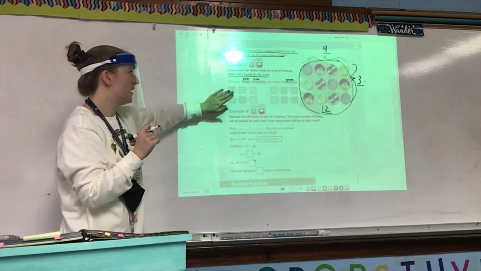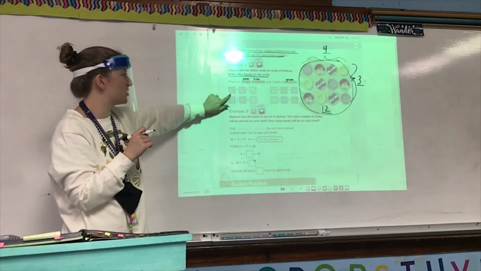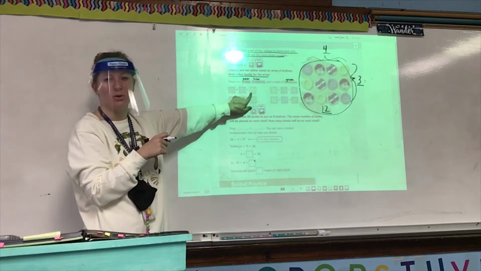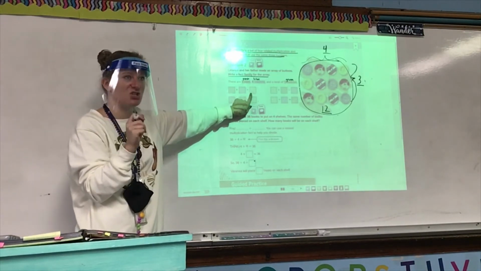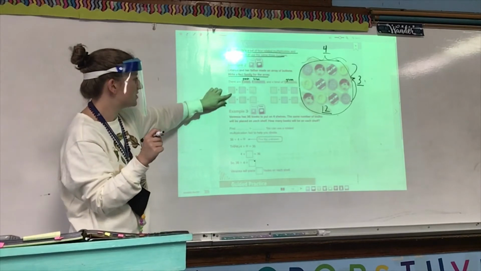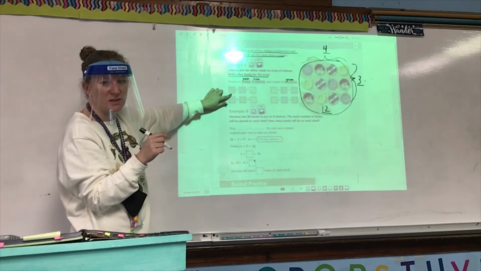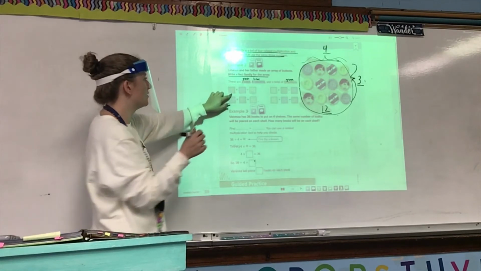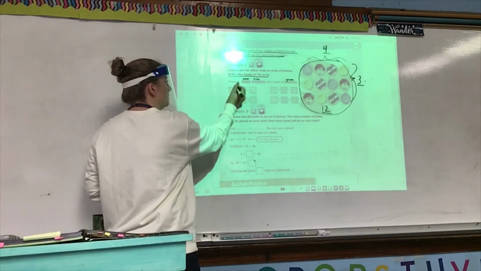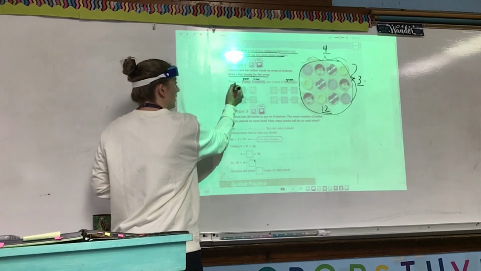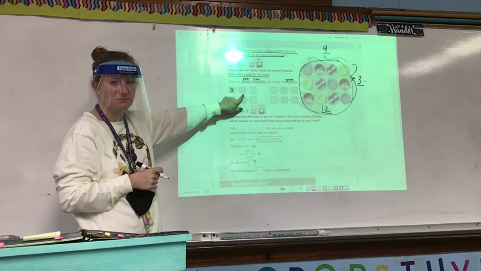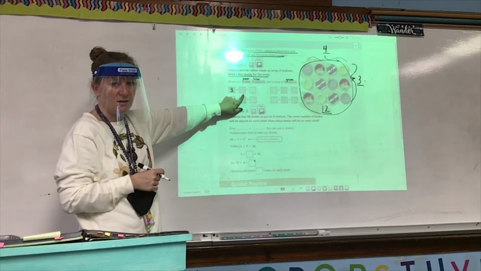So for our first one, Zari, we have to start with which one, the rows or the columns? We know in multiplication our answer is going to be the total. So what color do we start with, Zari? The rows. How many rows are there in this array? 3. Then we multiply it by the number of columns.